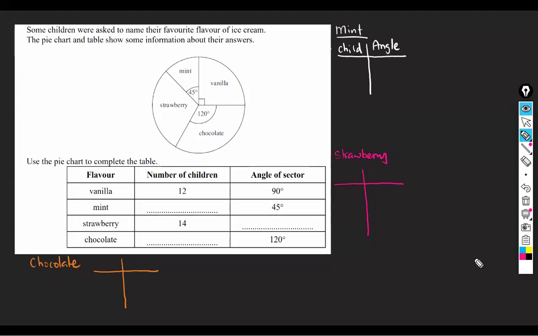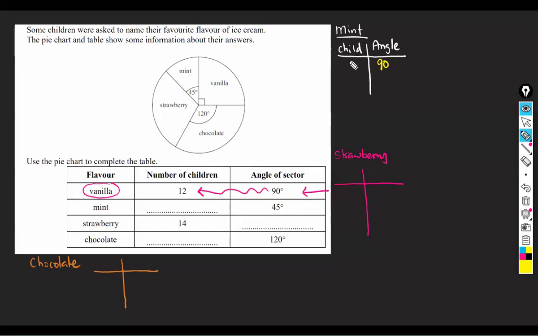We have a very firm relationship between the amount of children and the angle. That's the first line. We notice the vanilla is already filled out completely. They said when the angle is 90, it represents 12 children. So you can be sure about that now.